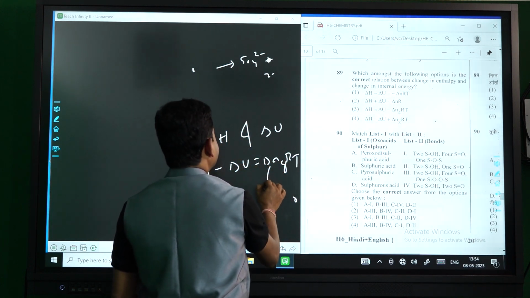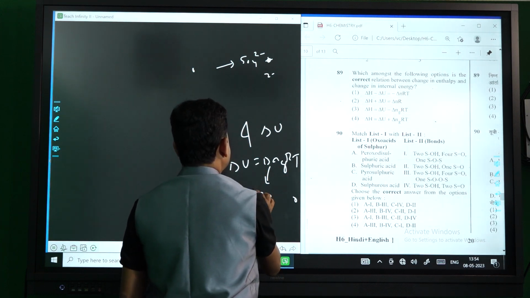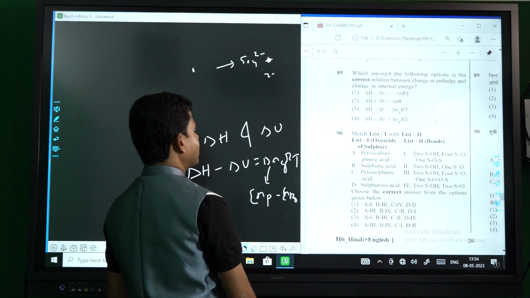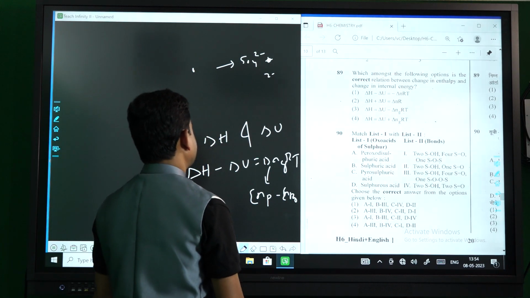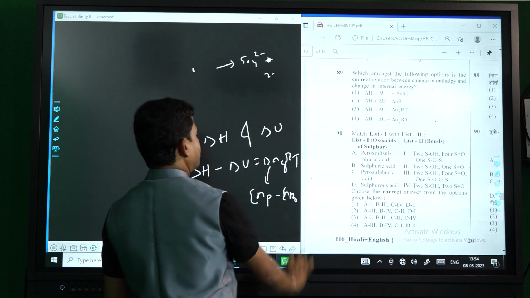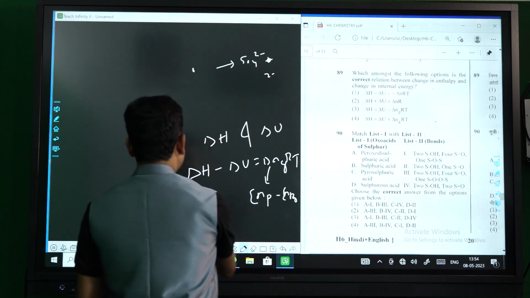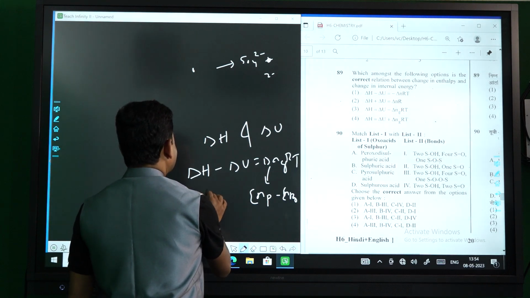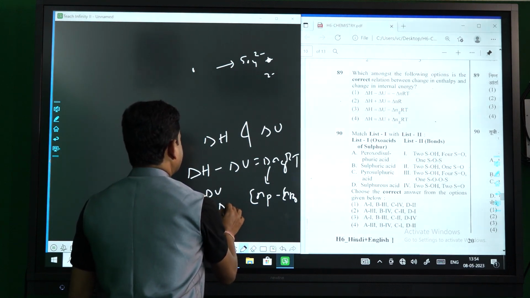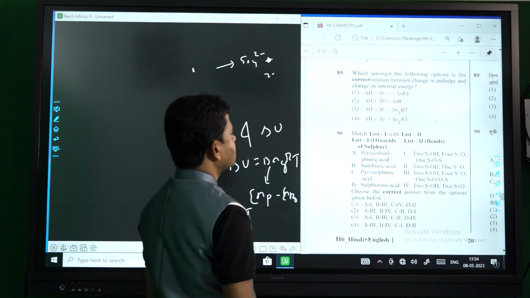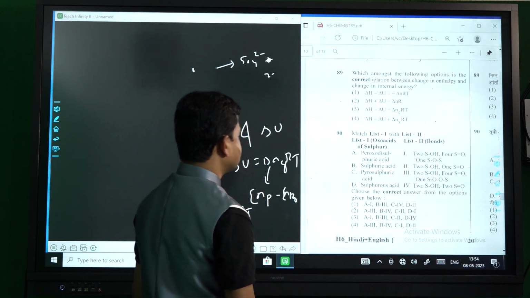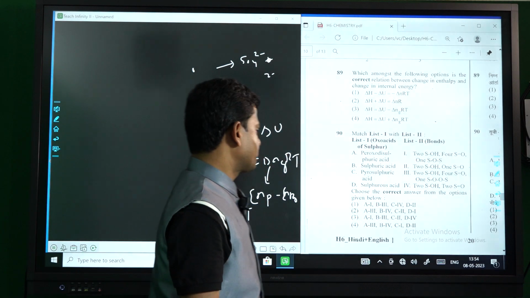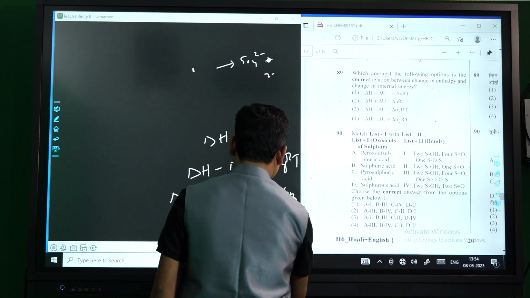Delta n g indicates number of moles of product minus number of moles of reactant, where product and reactant exist in gaseous phase. So this is the change in moles of gases. So according to the question, delta H equals delta U plus delta n g RT. So in my opinion, option 4 is correct, and that question comes from the thermodynamics chapter of 11th class.